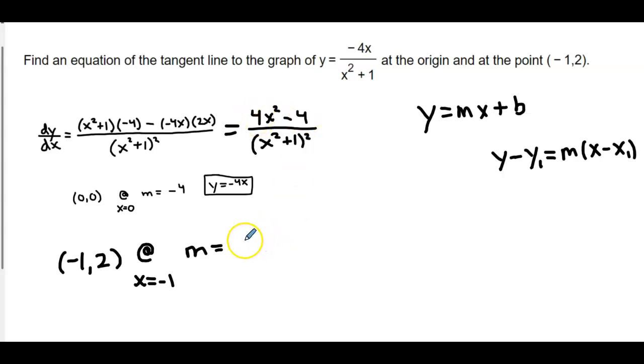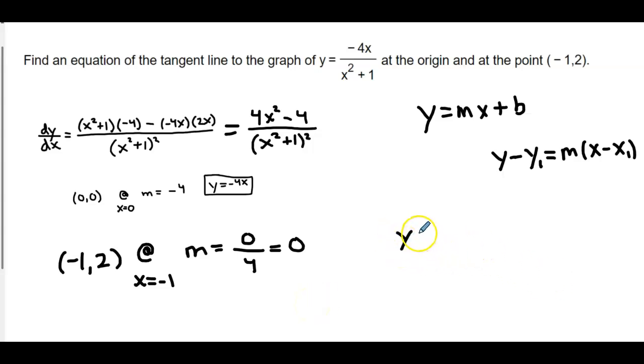So I end up with a 0 on top. Assuming the bottom's also not 0, which it's not, you plug in negative 1, you end up with a positive 1 here, and then you add 1, you get 2, you square it, you get 4. Our slope's just 0. So we have a slope of 0 at the point negative 1, 2.